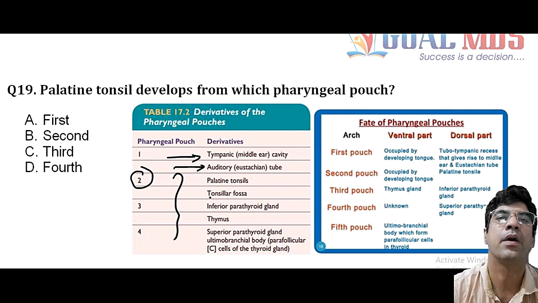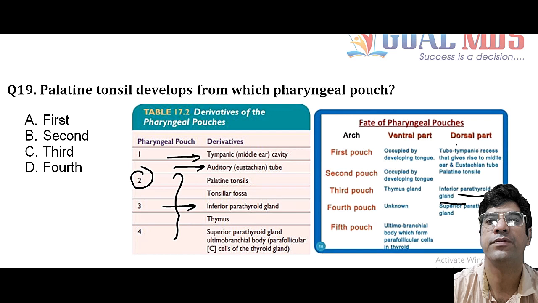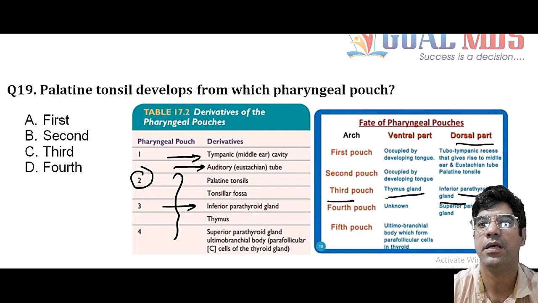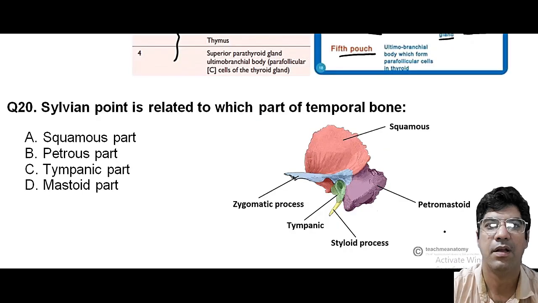The inferior parathyroid gland comes from the third pharyngeal pouch from the dorsal part, and for the ventral part is the thymus gland. From the fourth pouch rises superior parathyroid gland, and for the fifth pouch is the ultimobranchial body.